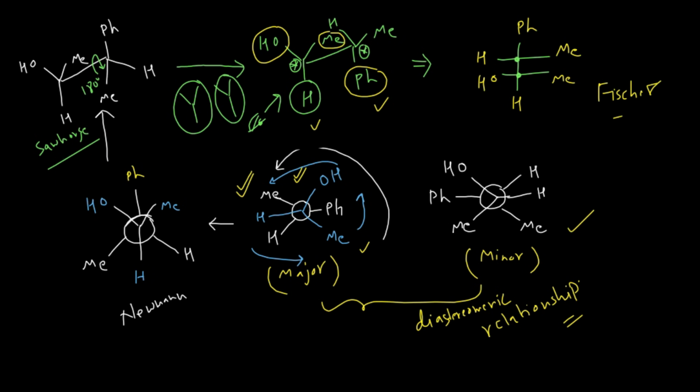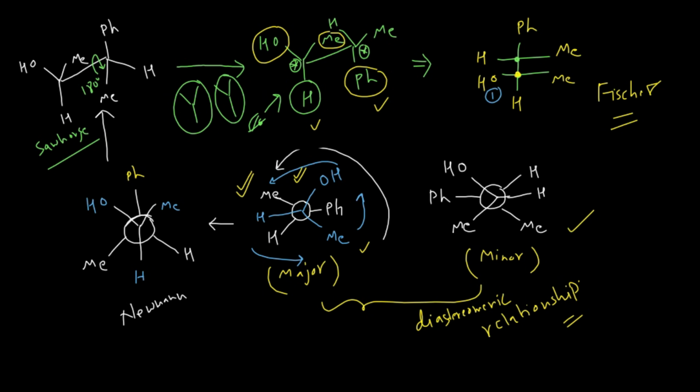Now you can very easily and conveniently write their names as well. So this is your chiral center. I am giving the name to this one using the blue color. This will get priority number 1 because oxygen has the highest atomic number. For this, you need to know how to assign R and S configuration to the compound. If you don't know how to do this nomenclature, again I am giving you the link in the description box.